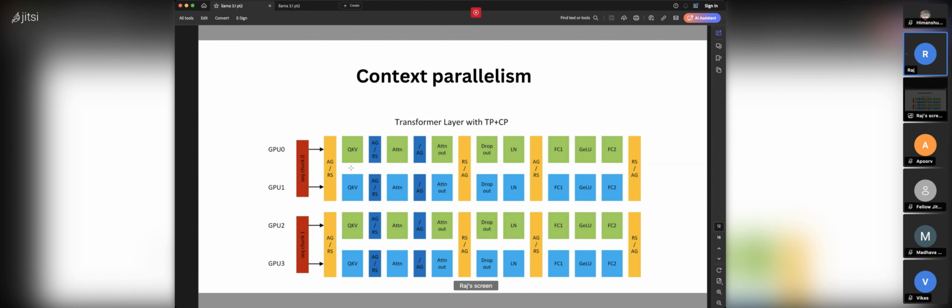Then when the self attention mechanism has to be computed, a local self attention is computed where that chunk is attending to itself. Then each chunk is also broadcasted to the other GPU, or the other rank. On that GPU, a cross attention between one half of the chunk and the other half takes place.